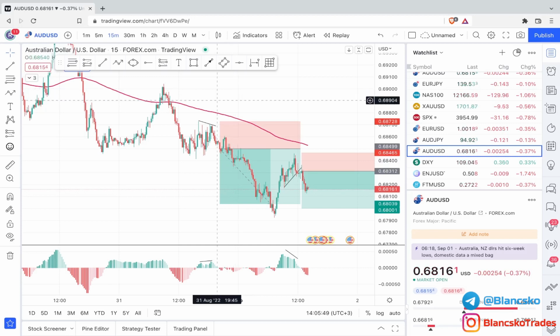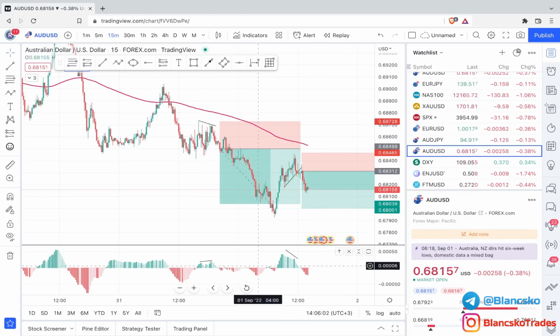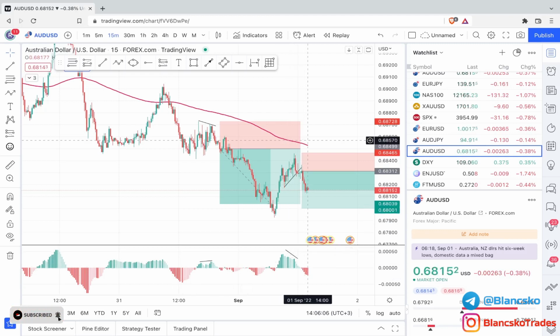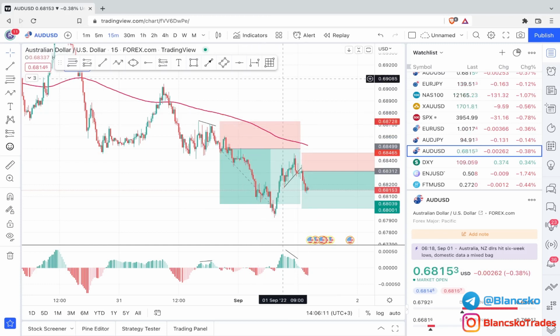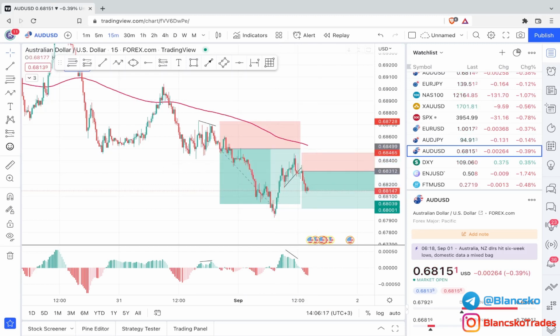If the 200 is flat and we see consolidation on the 200, we avoid trading. If we see a clear trend below or above the 200, all we need to look for is a histogram divergence on the MACD, and then we enter on the MACD crossover when the candle closes. Stop loss goes above the swing high or below the swing low, and take profit is always 1 to 2. The rules are very simple.